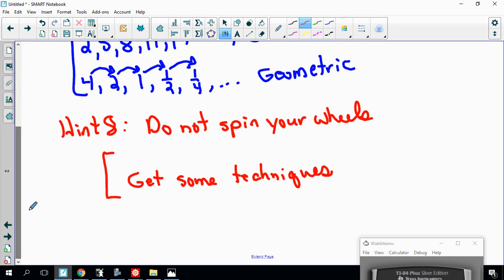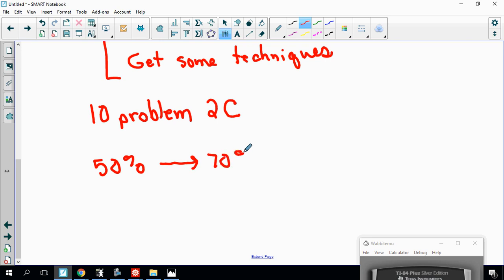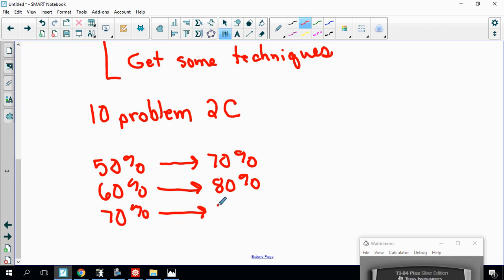Here are my thoughts. I'm going to pick 10 problems from 2C. And let's say 50%: when you're all done, if you got a 50, I turn around and make it a 70%. If you get a 60%, I turn around and make it an 80%.